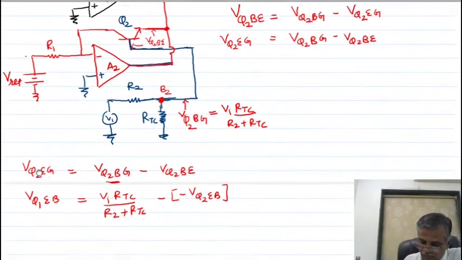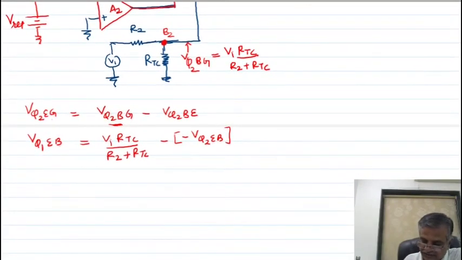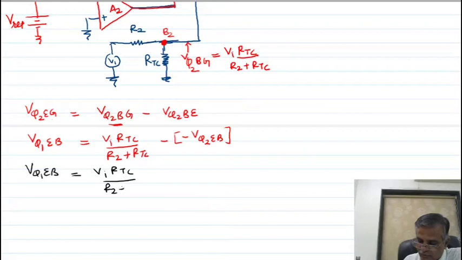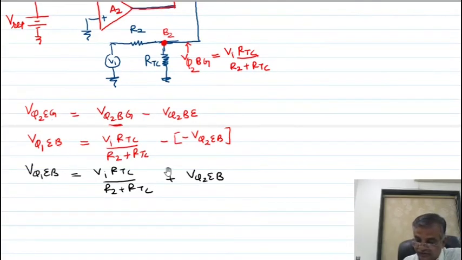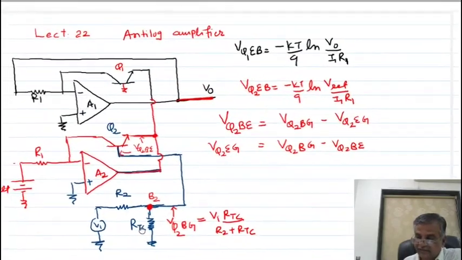So this is nothing but I can write VQ1 base emitter, Vi RTC upon R2 plus RTC plus VQ2 emitter base. Look here, already you have written these two equations in a first step.